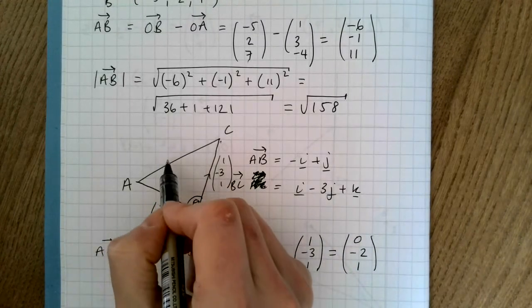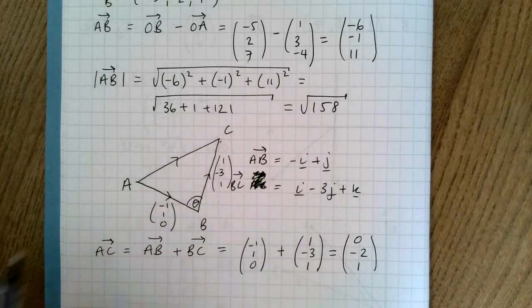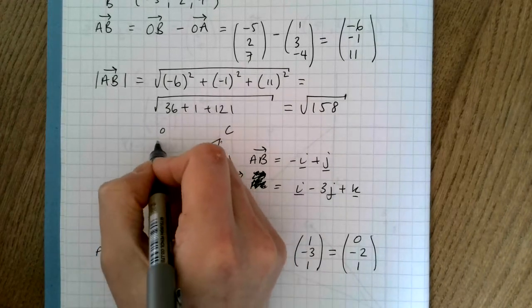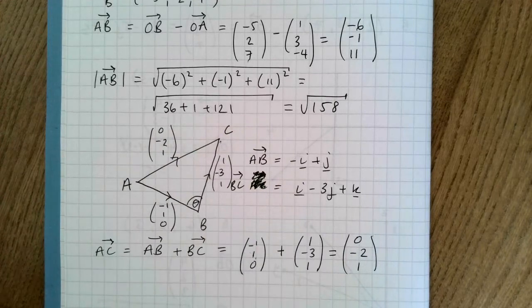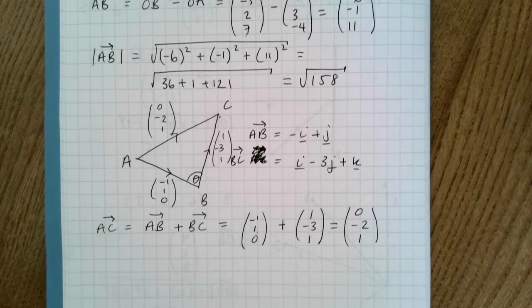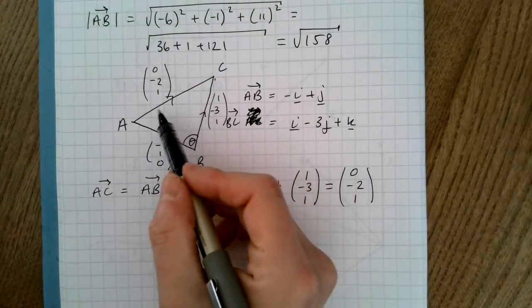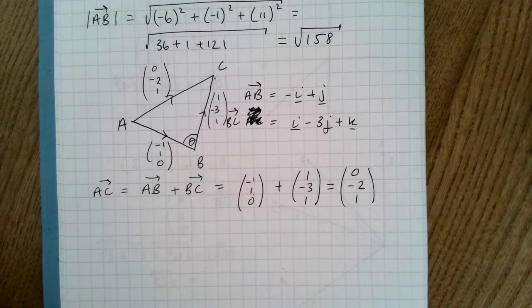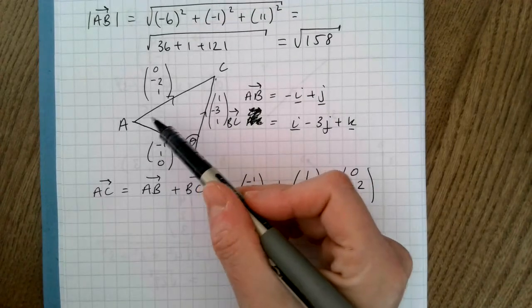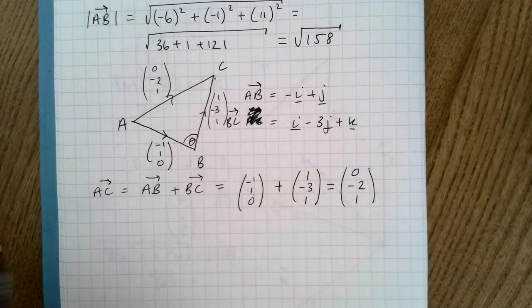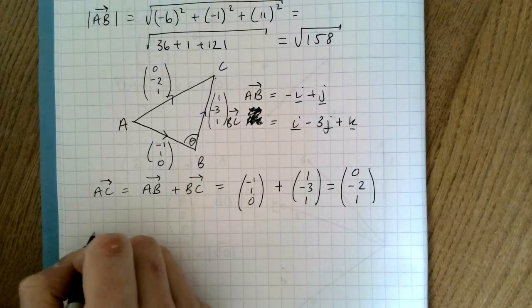So that vector there, going from A to C, is the vector 0, -2, 1. So now I've got all three of these vectors. For the cosine rule, I know that I need to know the lengths of the sides of the triangle, so I'm going to work that out next.